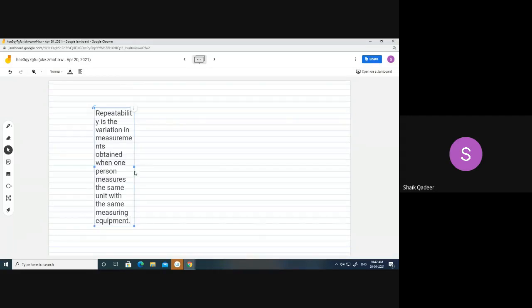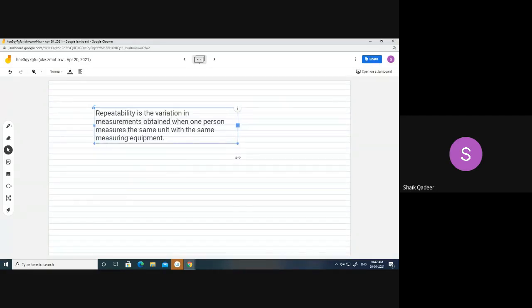Repeatability is the variation in measurement obtained when one person measures the same unit with the same measuring equipment. Is this clear?